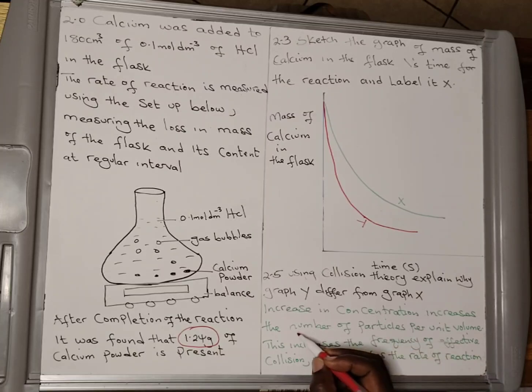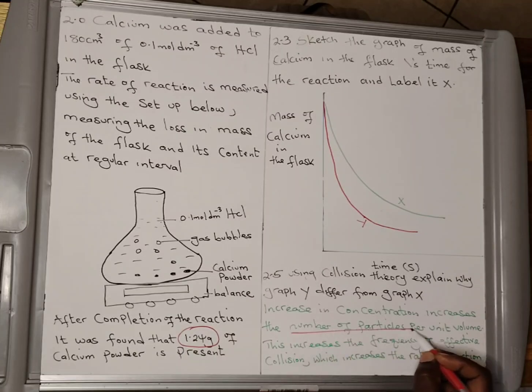The keyword here is number of particles per unit volume. This increases the frequency of effective collisions, which increases the rate of reaction. So generally that's what you're supposed to do on that part.